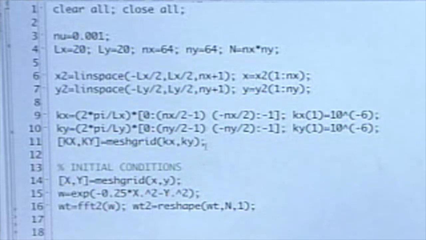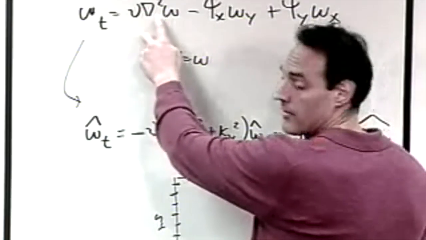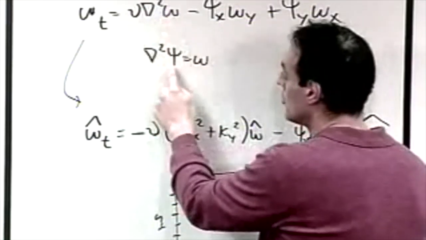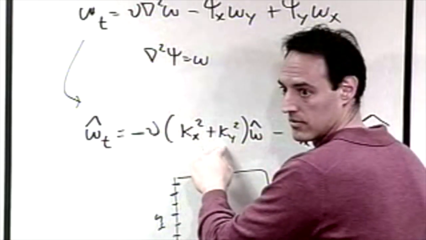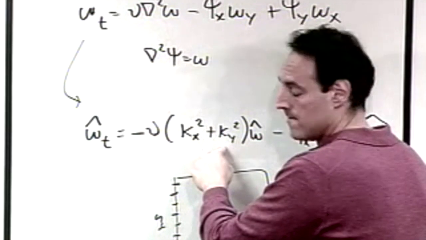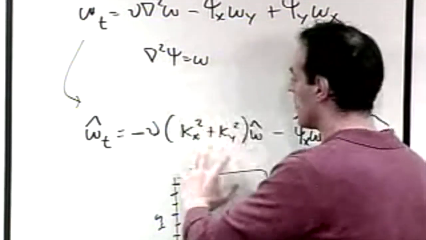Now these are matrices that we get out of here, and we can use them for what we want to do. Now one of the things that we are going to use often is 2 derivatives in x, 2 derivatives in y, which both give you this kind of structure here: Kx squared plus ky squared. So this is a big thing.